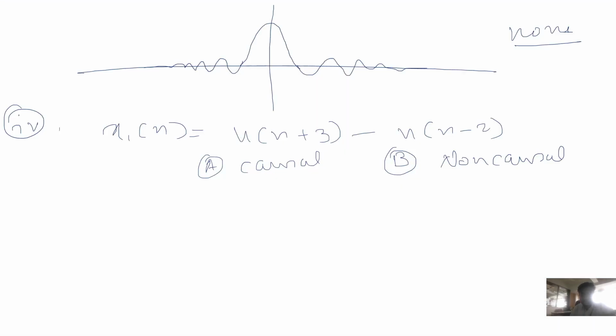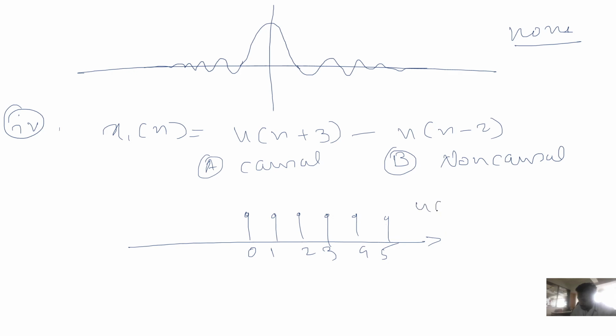To understand this, by looking at it you also can tell, but in fact, my advice to you is that you should draw it. So, this is our u of n: 0, 1, 2, 3, 4, 5.